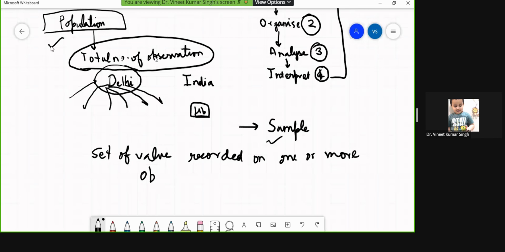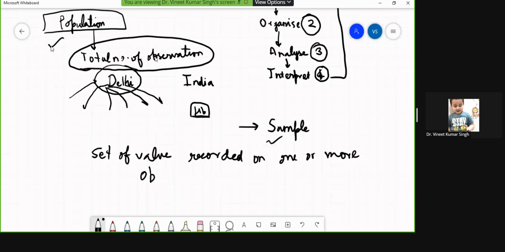First is direct method, then assumed mean method, and third is step deviation. So basically these two methods are used, step deviation and direct method, for taking out the average value.